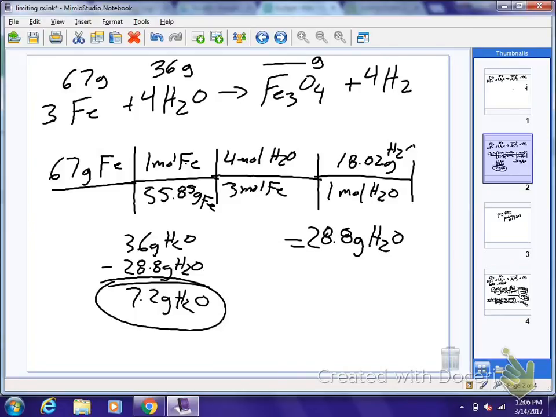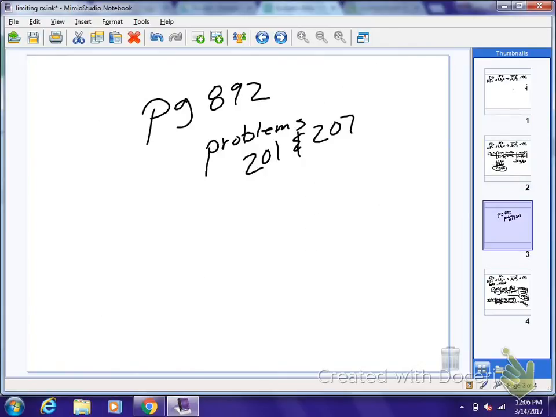Okay? All right. So the questions I would like you to do are on page 892, problems 201 and 207. Page 892, problems 201 and 207. Okay? Now, problem 201 does not ask you to determine the limiting reactant, or determine how much of the excess remains unreacted.